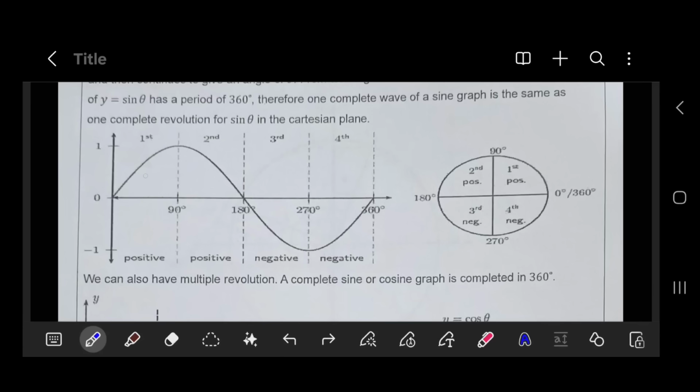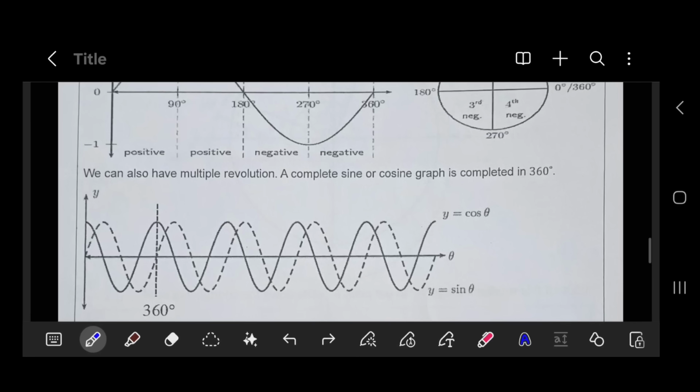In the first quadrant, we have all positive y values for sine, so sine would be positive. In the second quadrant, there are also positive y values, so sine is positive as well. But you notice in the third and the fourth quadrant, those y values are negative. This gives you crucial information regarding your reduction formula.